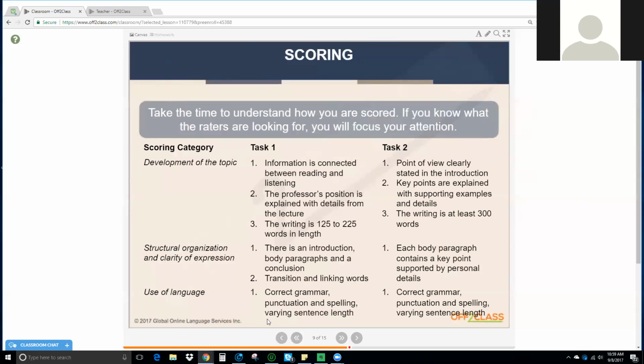Okay. In the independent question, the opinion question, you should be making your key point and supporting it with personal details.